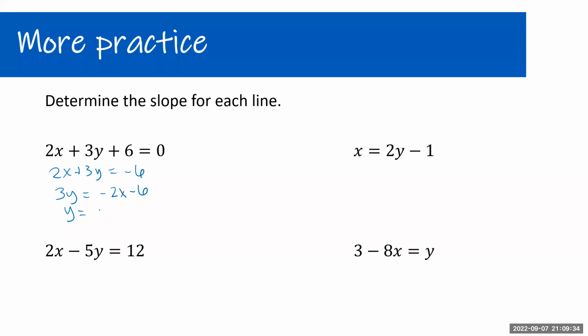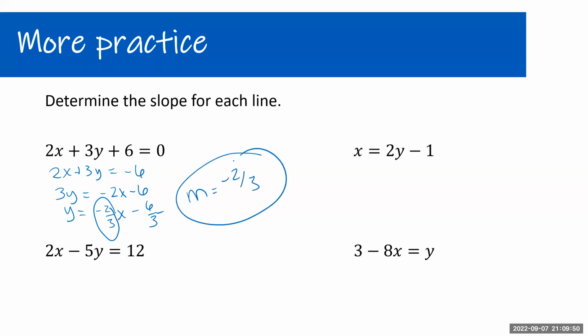And lastly, y equals -2/3 x minus 6/3. And we could certainly simplify that, right? But we don't need to because all we care about is this. Okay? Here, our slope is going to be -2/3. Okay? Make sure you can get this. I worked through it kind of fast because it's the algebra from our first unit, but make sure that you can get it.